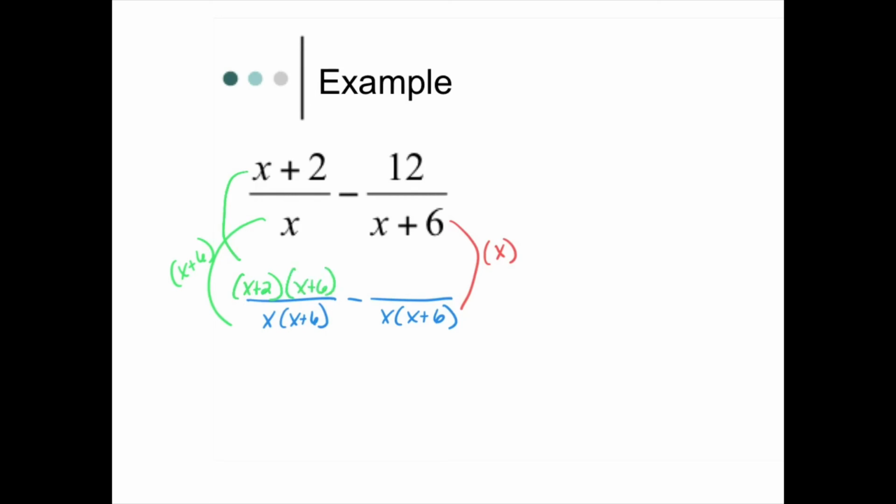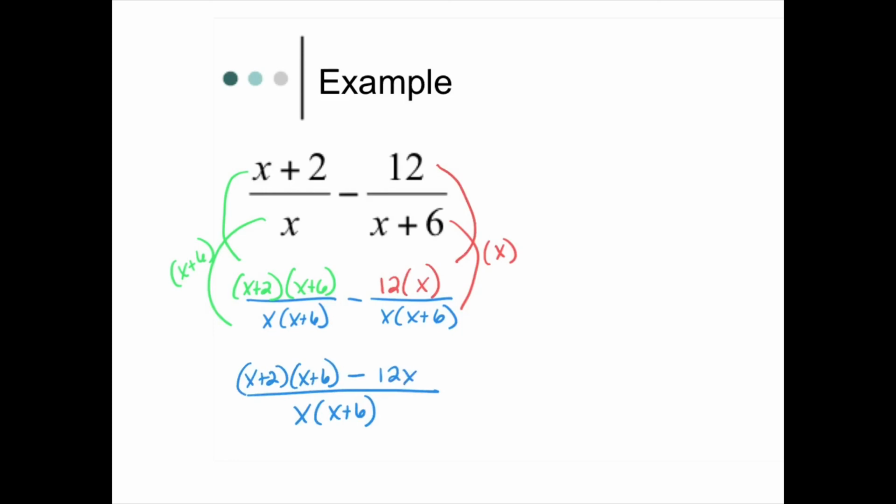And for the second fraction, you can see that I have multiplied x plus 6 times x to get x times x plus 6. I must also do that to our numerator. So that's 12 times x. So when I combine these, my denominator will be x times x plus 6, and my numerator will be x plus 2 times x plus 6 minus 12x.